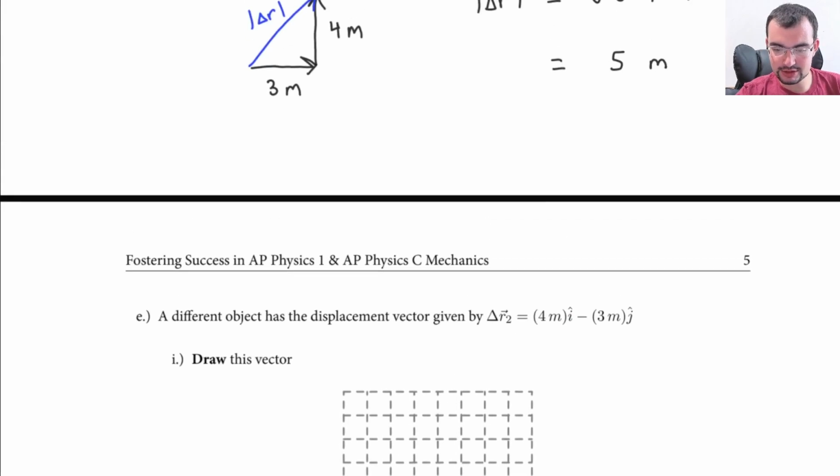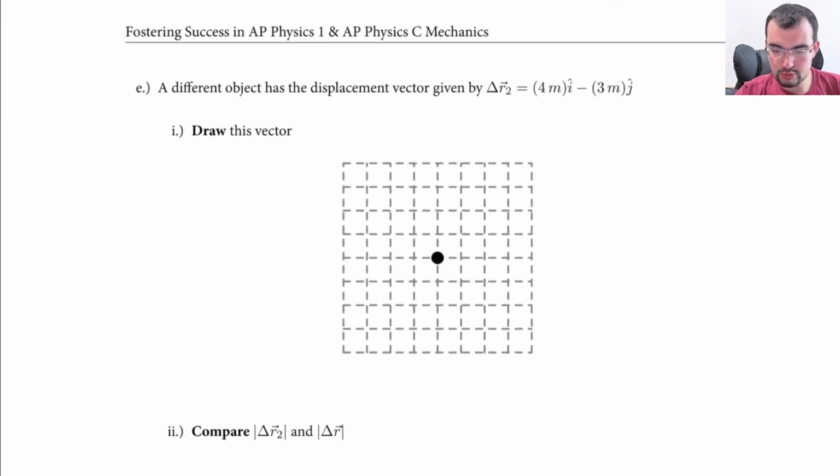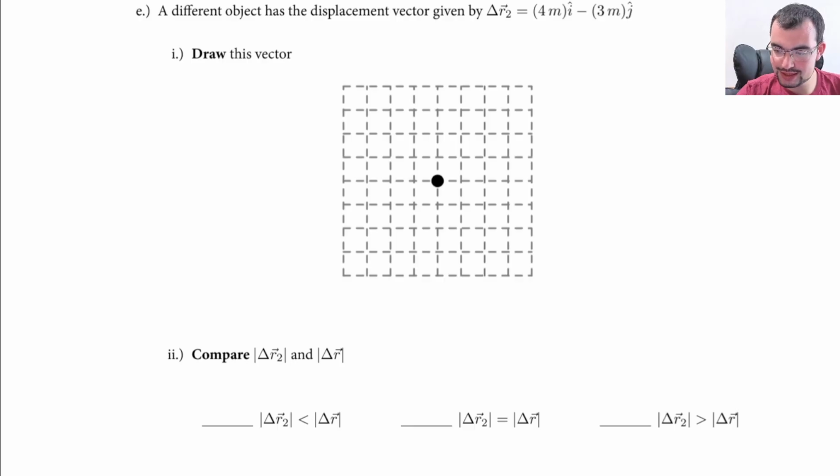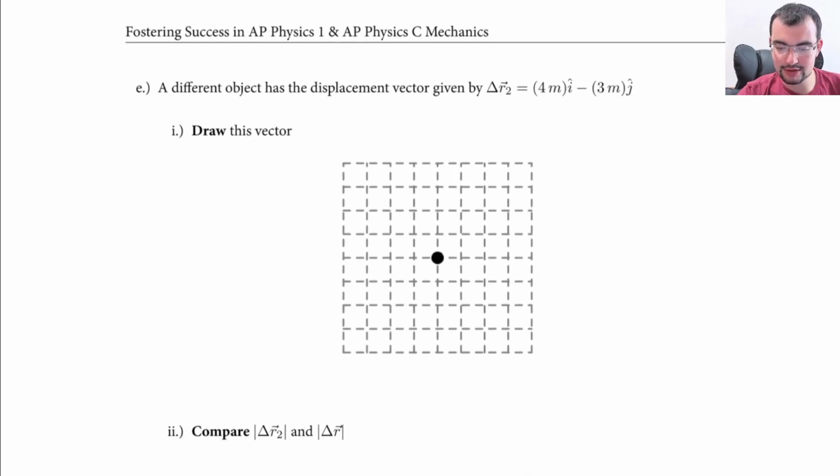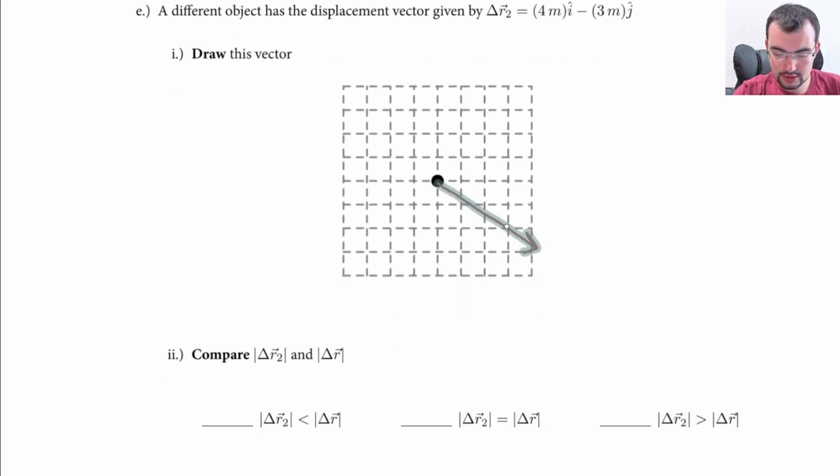So all this means is we're looking for 3 units in the negative j hat direction, or down. So this is just 4 units right, 3 units down, which gets here. We can definitely draw better.